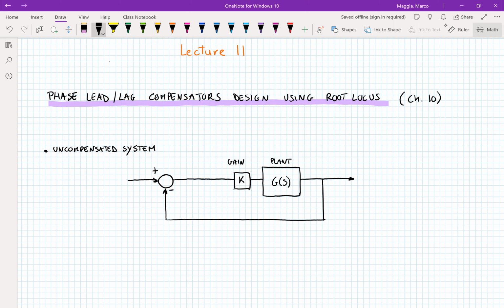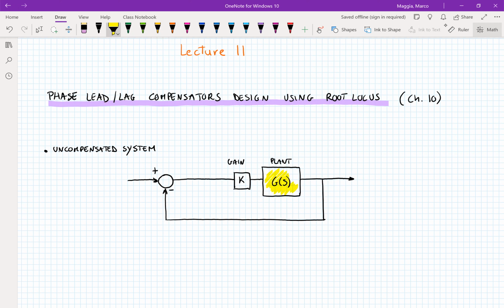For instance, it doesn't reach the percent overshoot requirement or the settling time requirement. And so the first thing that you want to do before considering adding a controller or compensator is to try and modify the plant as much as possible.